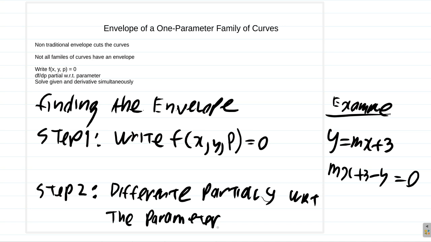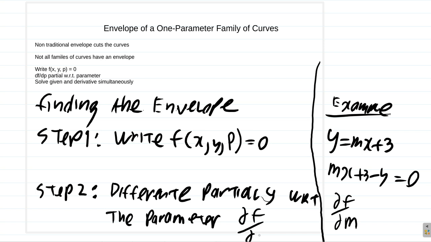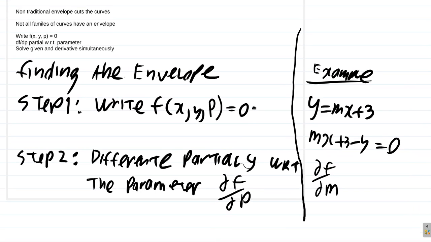So you find the partial derivative of the function with respect to the parameter. Let me draw a line here to separate what's going on. So here you're going to find delta of the function by delta of m. Generally, partial derivative of the function with respect to the parameter. I use p to represent the parameter here.